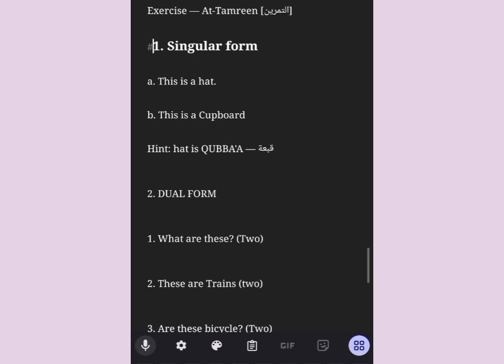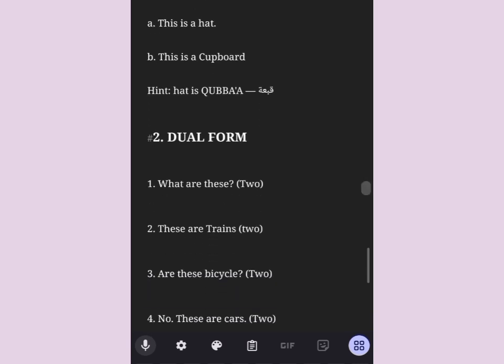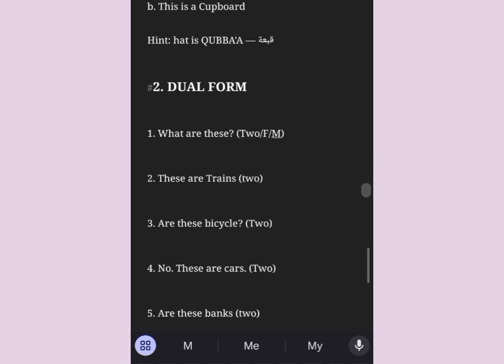For dual, you have to translate the following. What are these? Okay, both masculine and feminine. You ensure that you write for two feminine and masculine. These are trains, two trains, right? Are these two bicycles? No, these are cars.